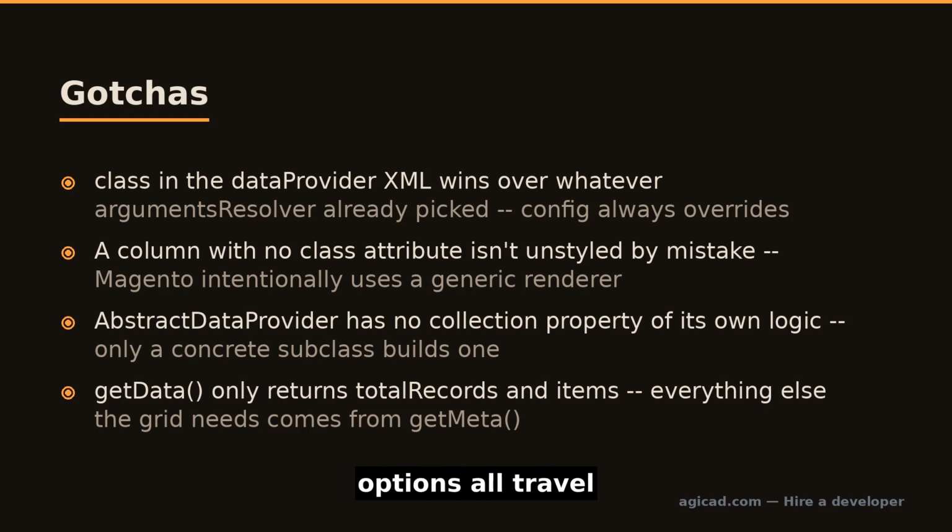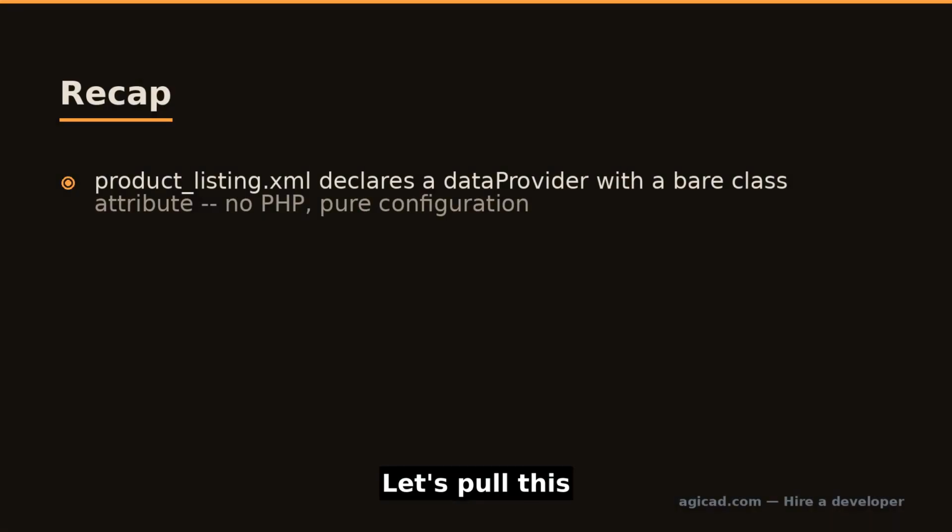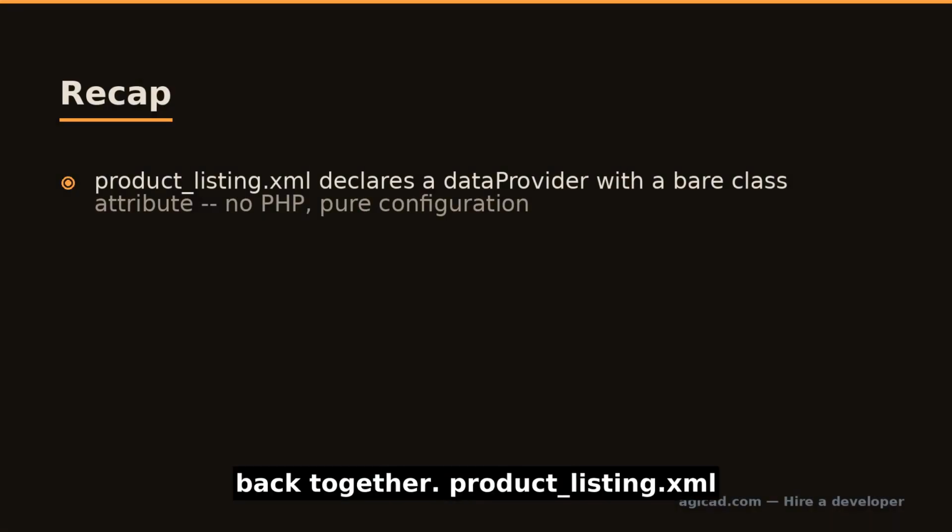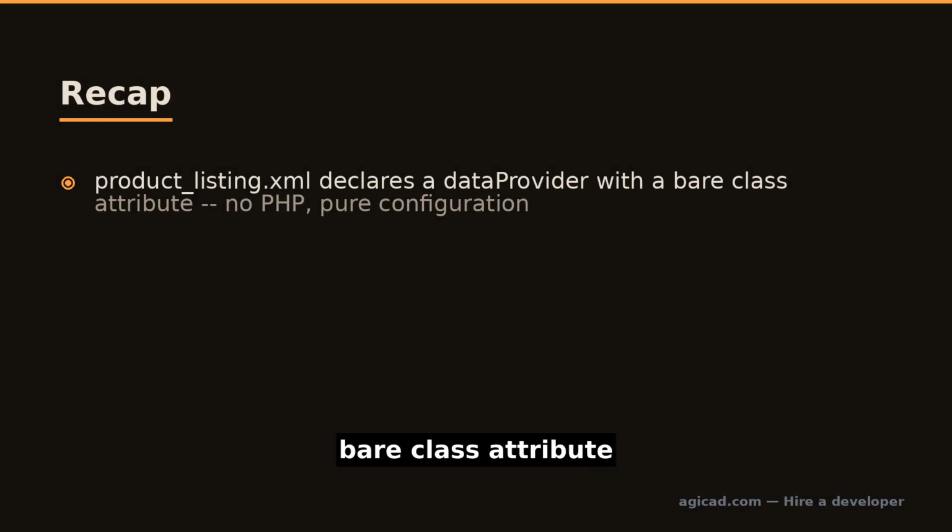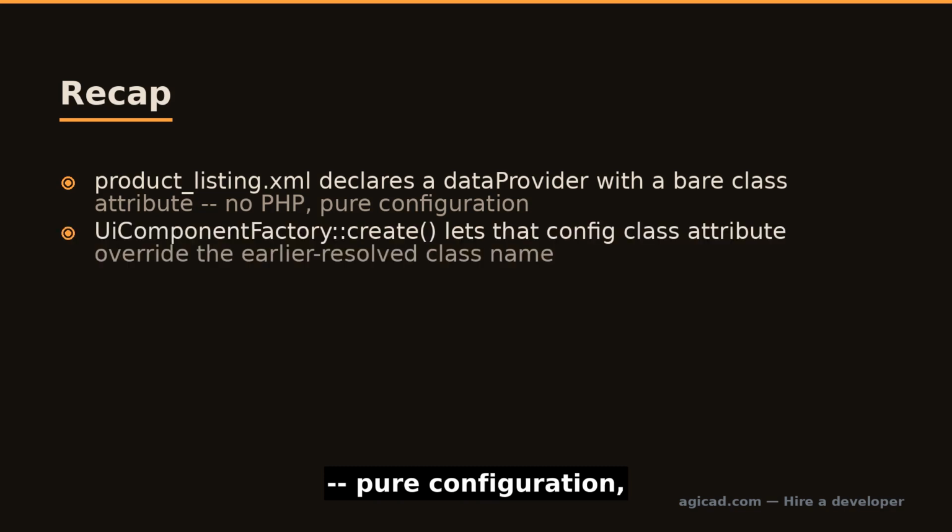Let's pull this back together. product_listing.xml declares a data provider element with a bare class attribute, pure configuration, no PHP behavior at all. UiComponentFactory's real create method has a specific, deliberate override step that lets that XML declared class win over whatever arguments resolver had already picked.